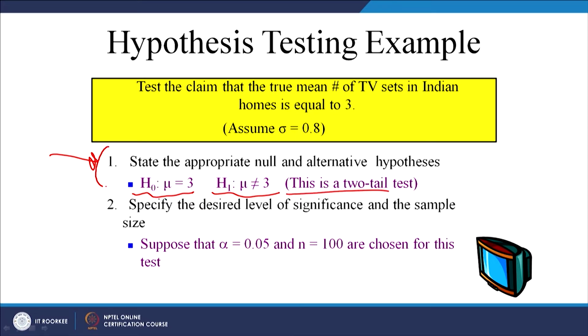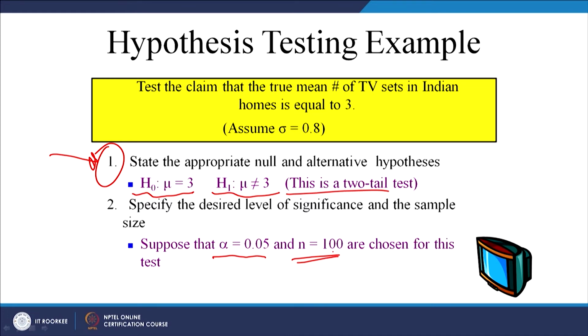So, this is the first step: you need to frame the null hypothesis and alternative hypothesis. Second is to specify the significance level. In this question alpha is 0.05, and 1 minus alpha is 95%. N is 100. Our null hypothesis is that the average number of TV sets in Indian homes is equal to 3.